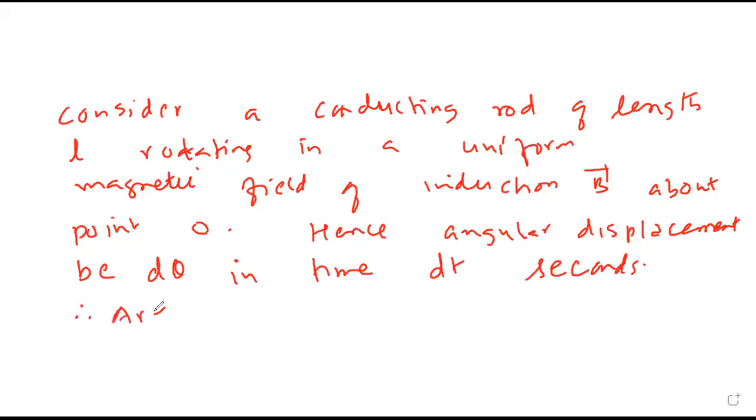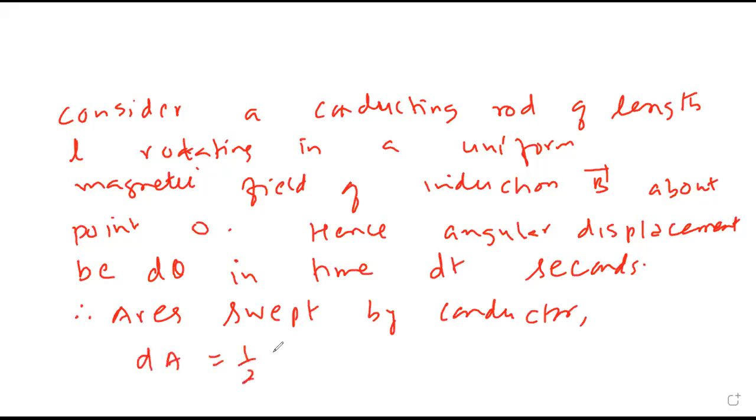Therefore, area swept by conductor, dA, is half into length of arc, which is PQ, into radius OP. See, area is half into length of arc into radius.